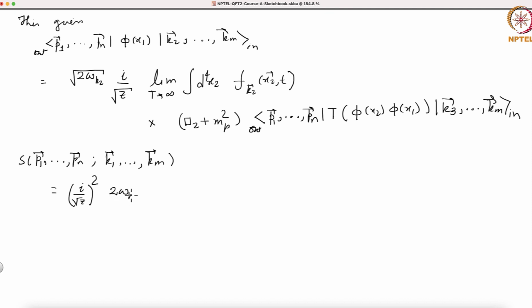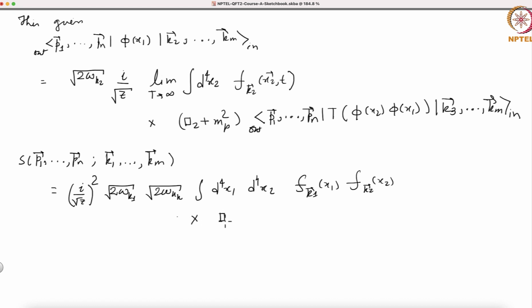Then I have root 2 omega k1, then again root 2 omega k2, and then I have the integral d4 x1 d4 x2 f k1 of x1, f k2 of x2, times box 1 plus mp square, box 2 plus mp square.